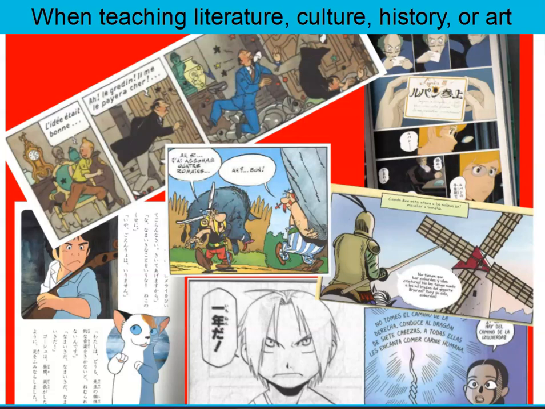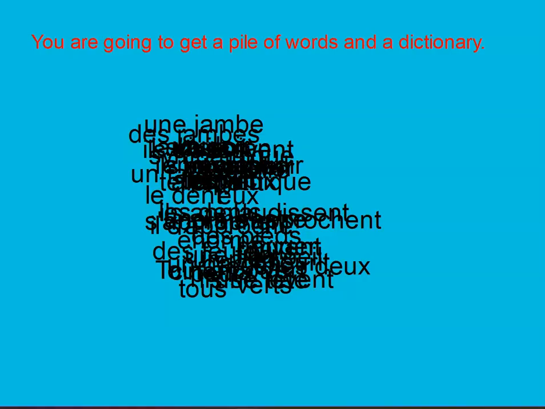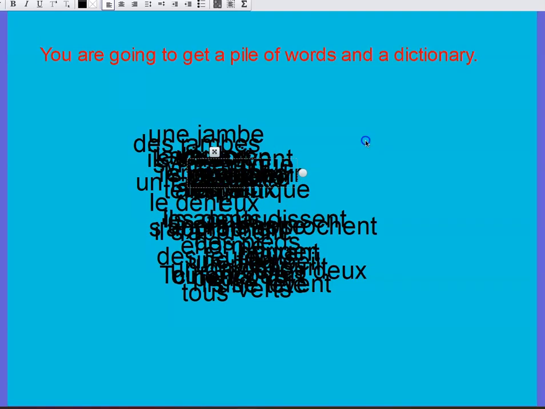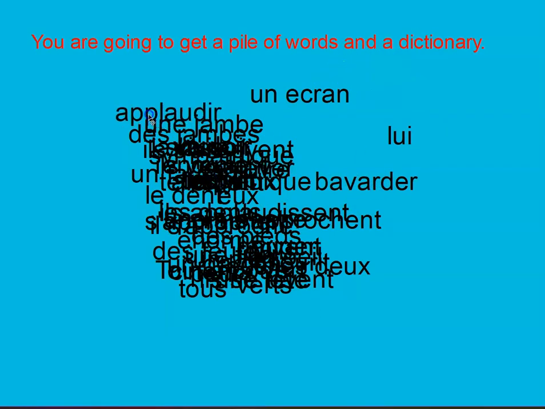When you're applying this to literature, culture, history, art, music, a recipe, I cut these words out in cardstock, okay, and then I show the students on the board, and I'll let them use a physical dictionary, not an electronic dictionary, obviously.